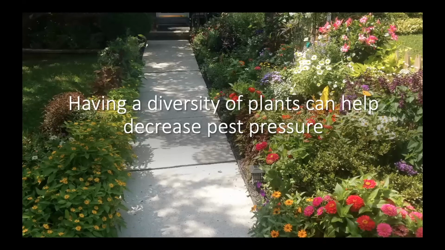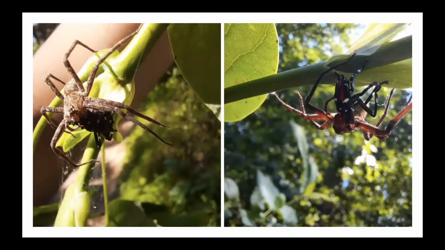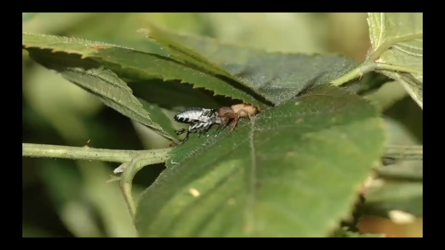So the next few slides are of spiders. I know everyone's favorites, but realistically, they are extremely important predators. In this photo, it's a dark fishing spider feasting on a spotted lanternfly nymph. The next slide, I'm not sure what species of spider this is, but it's feeding on a brown marmorated stink bug.